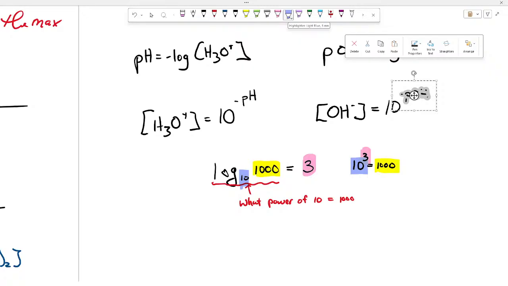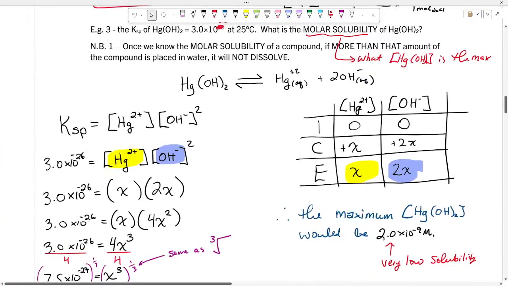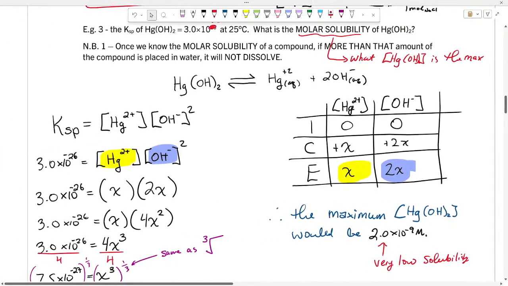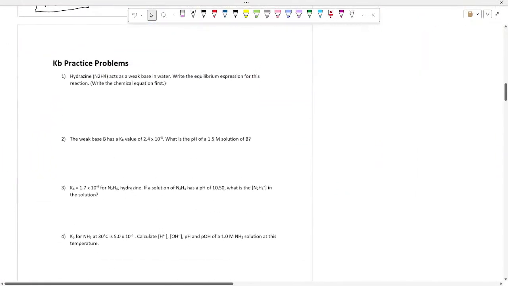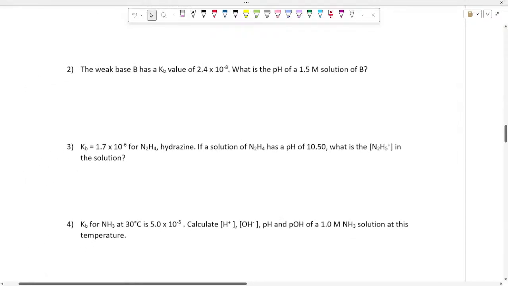Can you scroll down to the number 3? Sure. In the KB section? Right there. So for this one, I found the concentration of OH through the pH of 10.5. Yeah, don't overthink it. It's easy. So if you know the concentration of OH, what else do you know the concentration of?